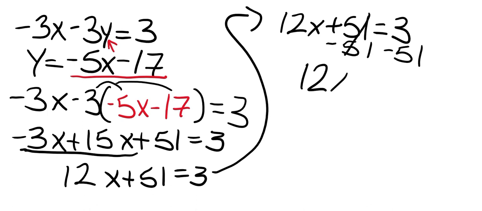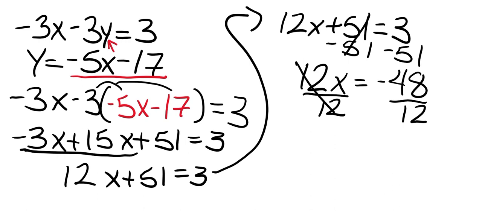to get 12x equals negative 48. And the last step is to divide by 12 on both sides to give us x equals negative 4. But remember that we're not done here. We have to figure out what the y portion of the answer is.